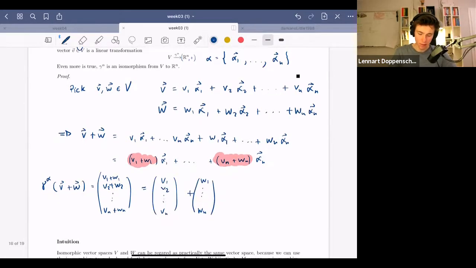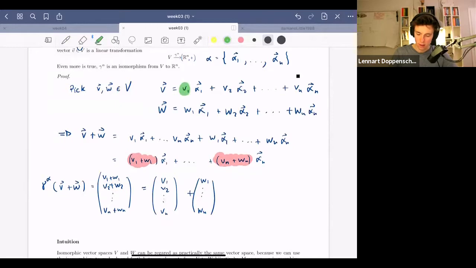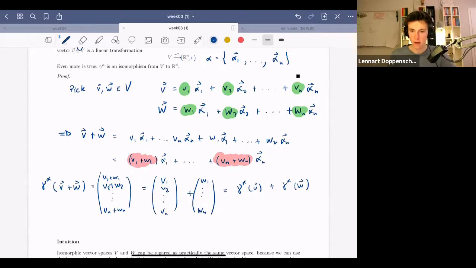But notice now that because v and w have exactly these linear combinations, these tuples are precisely the coordinate vectors of v and w. So I can write here gamma alpha of v plus gamma alpha of w. Any questions so far?